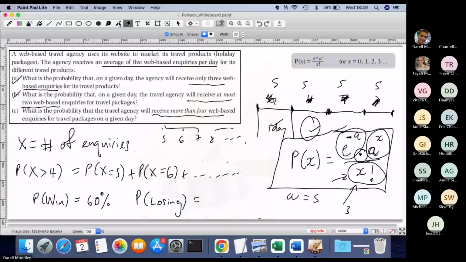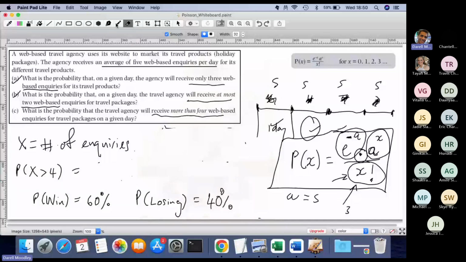You may not even have given it much thought. But how you actually worked that out is, all you did was work out the probability of losing. You simply did 1 minus the probability of winning.